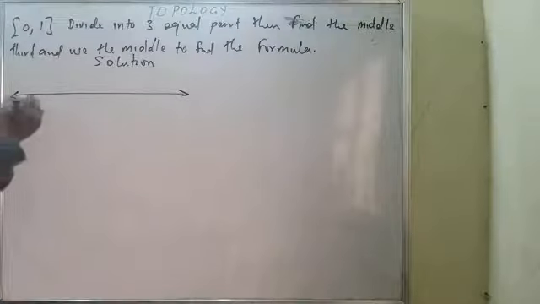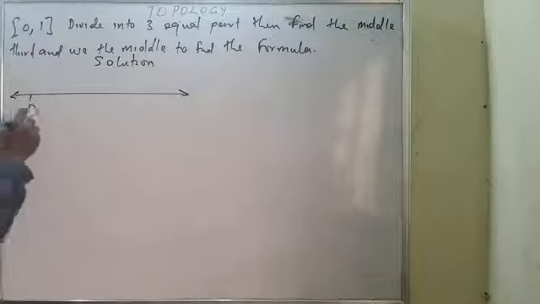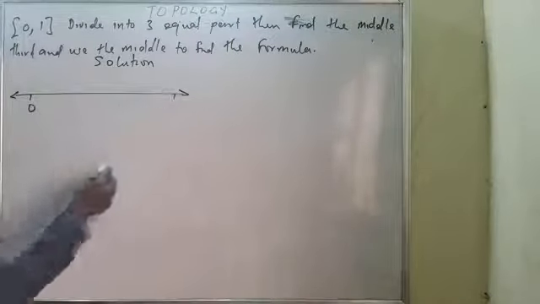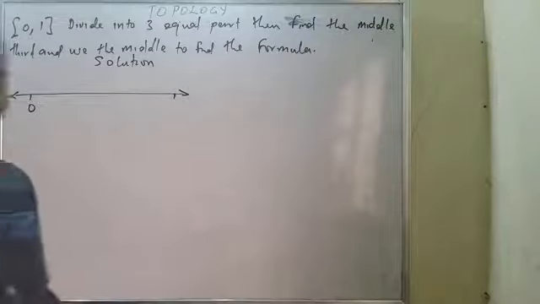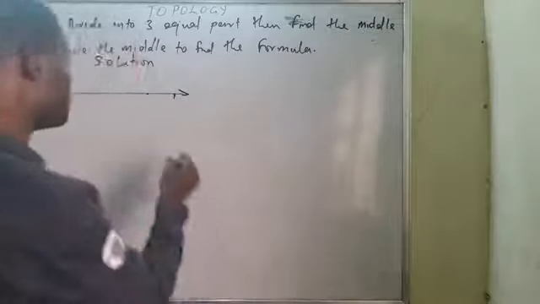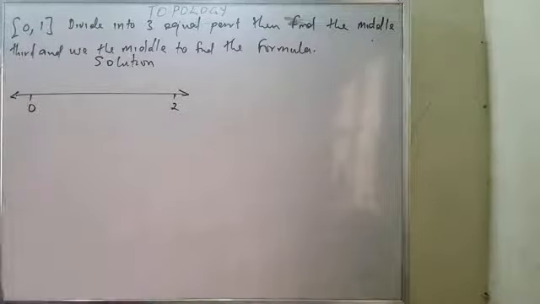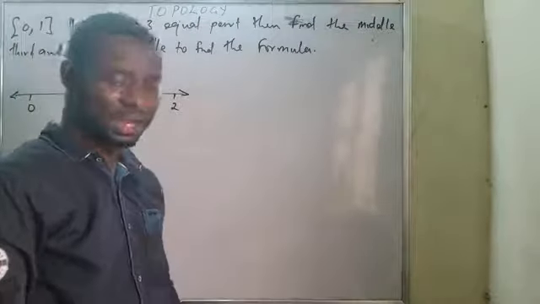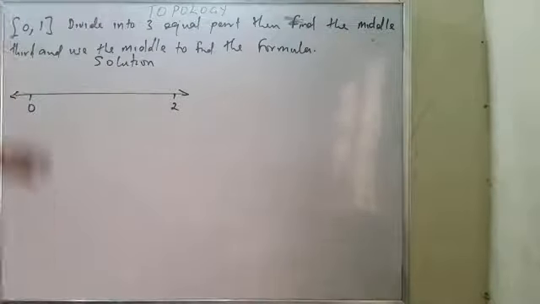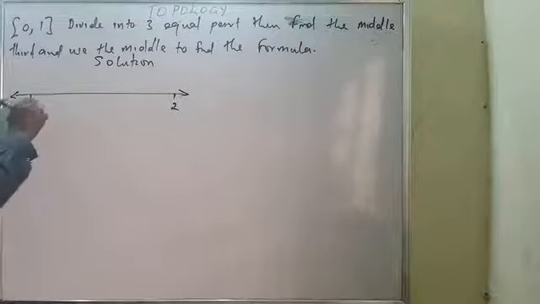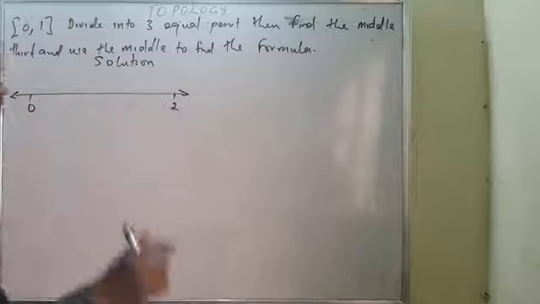If I have 0 here and 1 here, between 0 and 1 there are a lot of numbers. The numbers are bounded because they have an upper bound and a lower bound. A lot of numbers are between here and here.